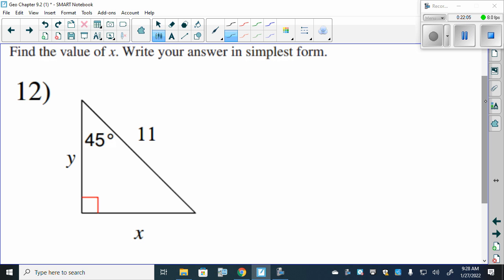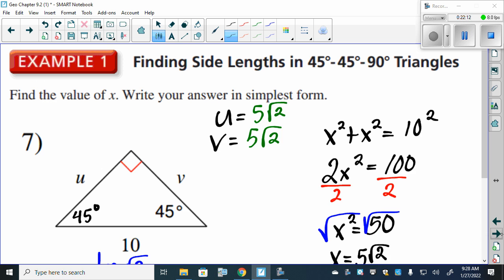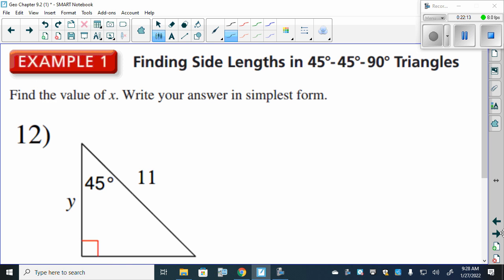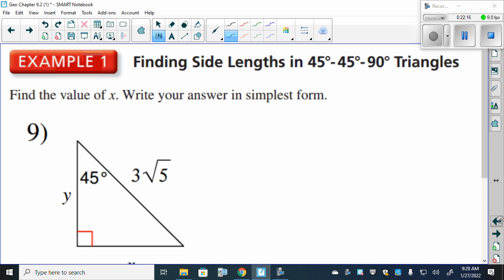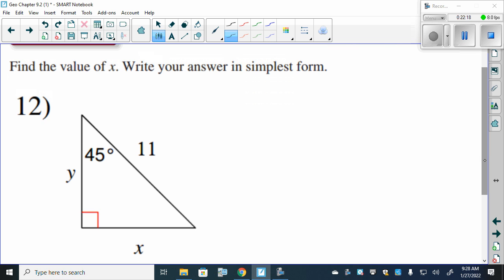What about this one here? Okay, change it back to 11.